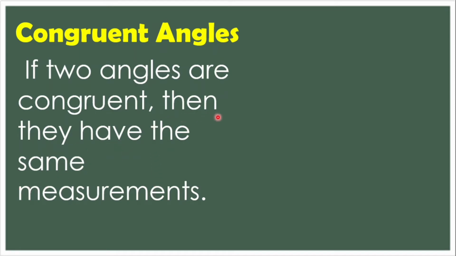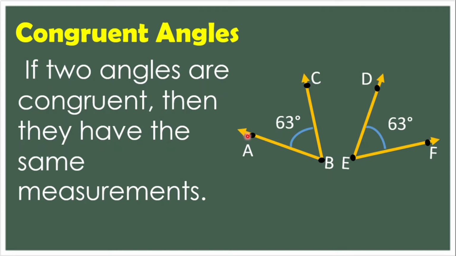So, kung meron daw dalawang angle na congruent, automatically, they have the same measurement. So, katulad sa ating example, angle ABC and angle FED, they have the same measurement. So, therefore, angle ABC is congruent to angle FED.